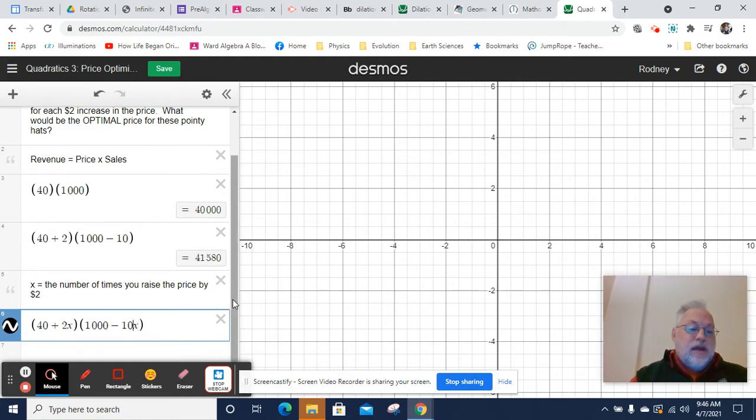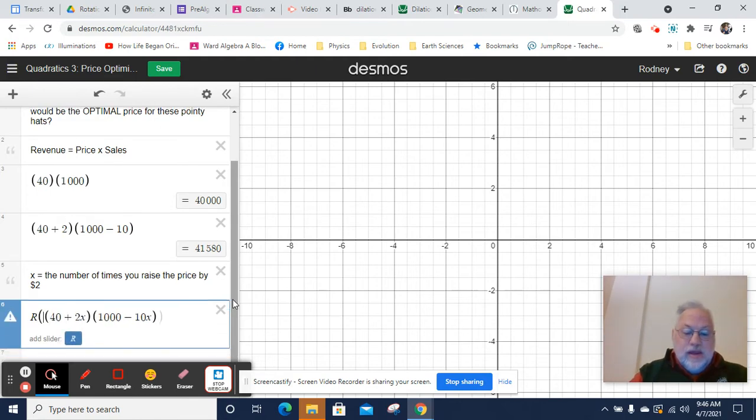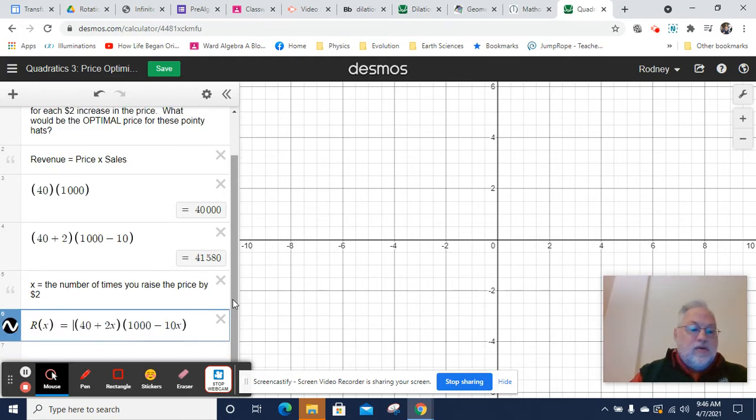So now we actually have a function, and I'm going to call this the function R for revenue, in terms of X equals. And just beware, I'm going to be using more function notation as we move more into this polynomials unit. This is just a fancy way of saying Y, okay?